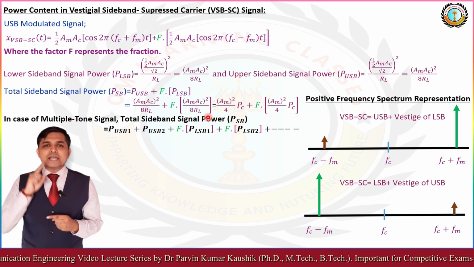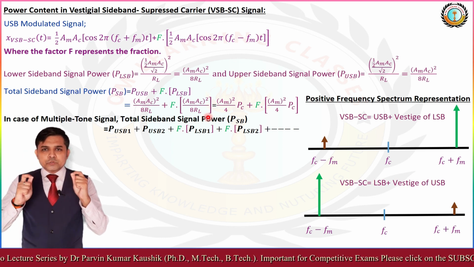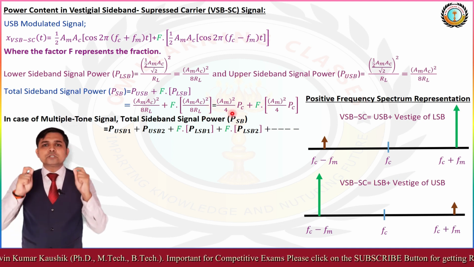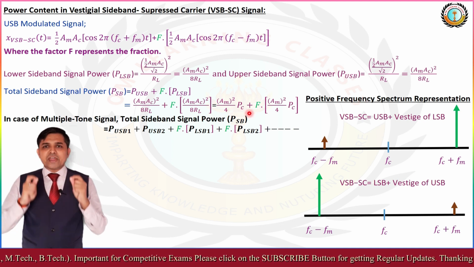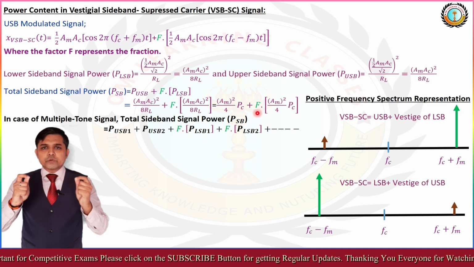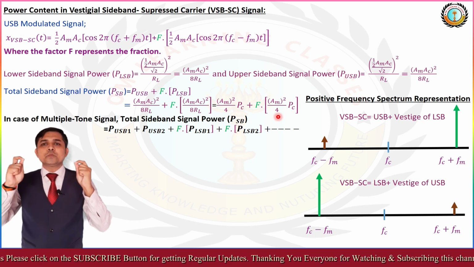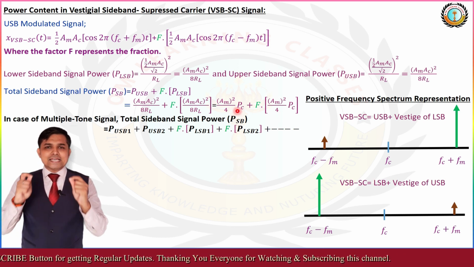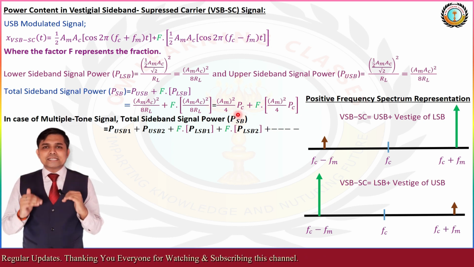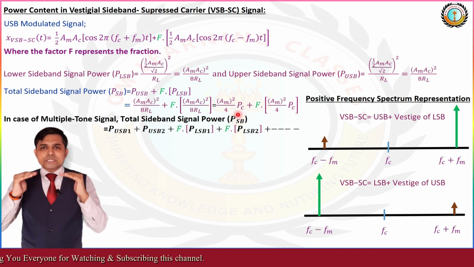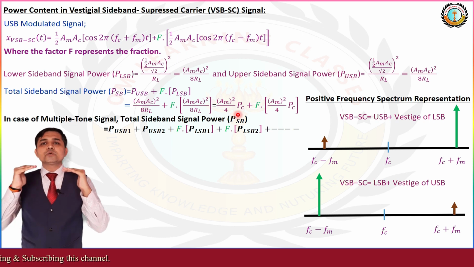This is further equivalent to Am square by 4 into Pc plus the fraction value of Am square by 4 into Pc, where Pc is the carrier power, equivalent to Ac square by 2 RL.